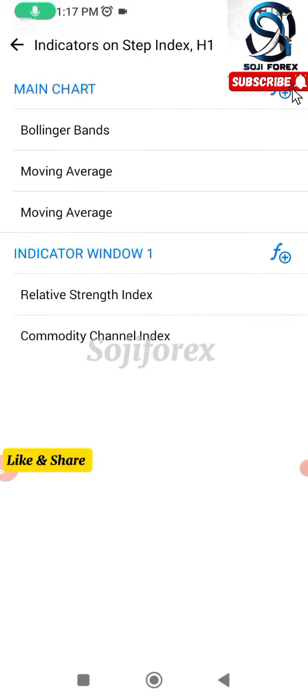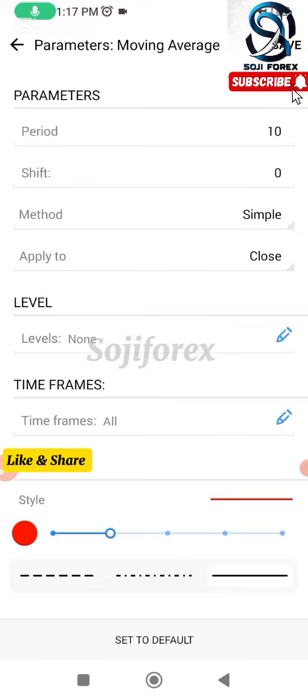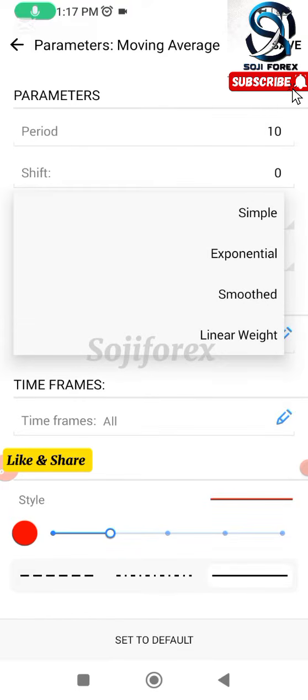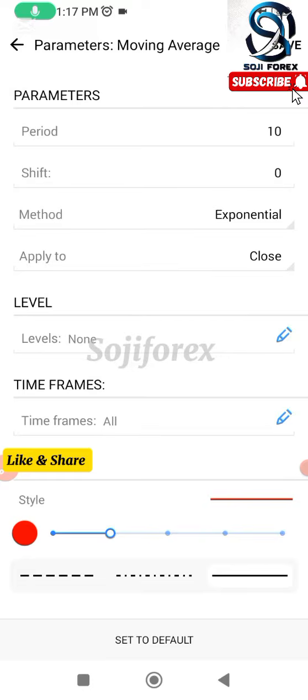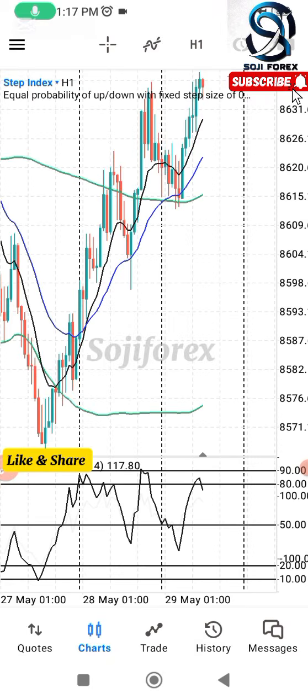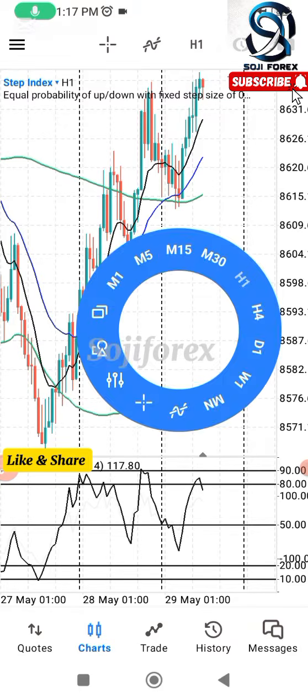So this is my moving average setting, and that is exactly what I am doing now on my chart. Alright, having done this, let's look at how we determine the trend. You can use the Bollinger Band to determine your trend, depending on what suits you.